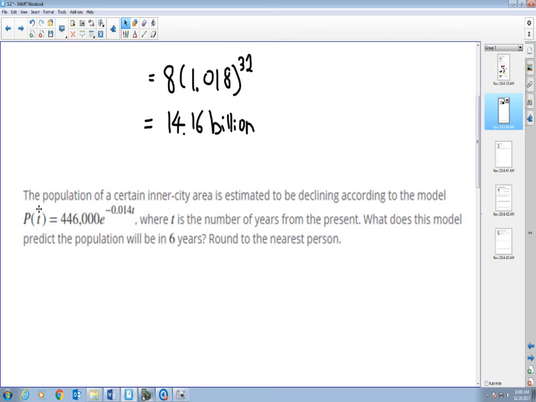So this problem says the population of a certain inner city area is estimated to be declining. That's what that growth rate being negative means. According to the model, where t is the number of years from the present, what does this model predict the population will be in 6 years?